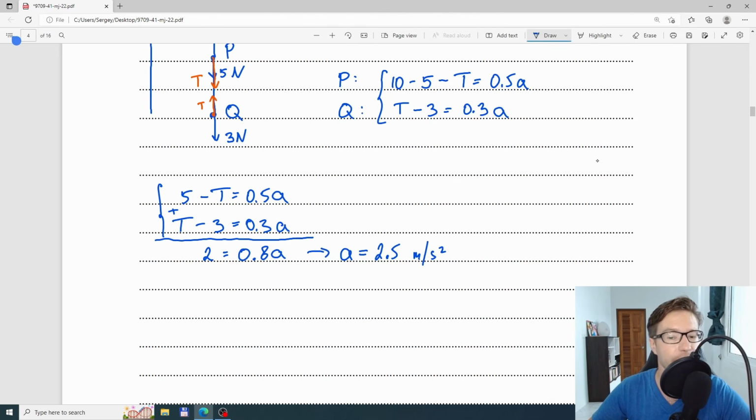Now substitute it back into any of the equations. I'll probably choose the second one. T equals to 0.3a plus 3. And we'll get the force of tension. Okay, I got 3.75 newtons.